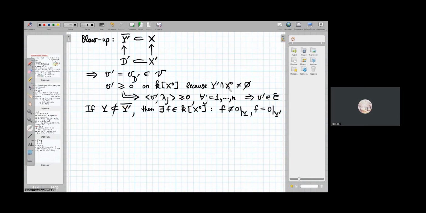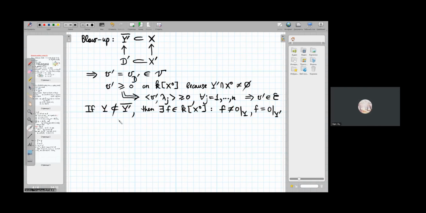When we have two closed subvarieties in an affine variety, not contained one in another, then there is no reverse inclusion for their vanishing ideals. And this means that there exists a function which belongs to the vanishing ideal of this one, but does not belong to the vanishing ideal of this one. And this is this formula. So such a function exists.